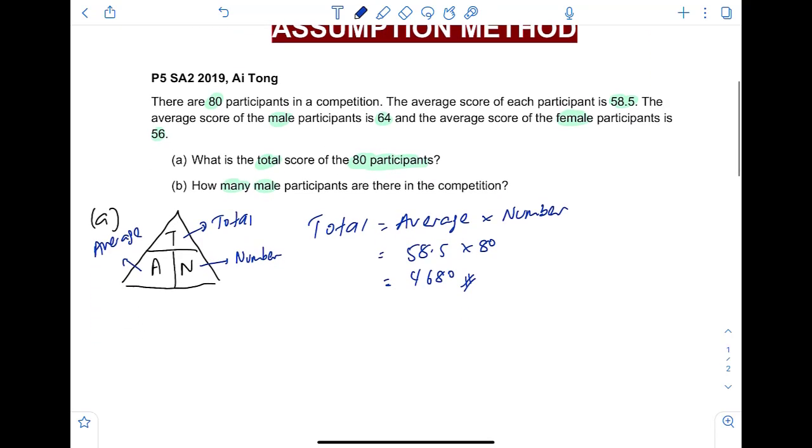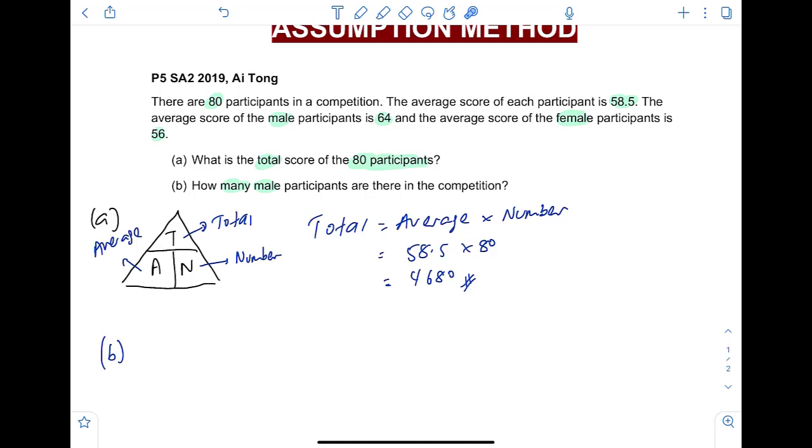Now for Part B, how many male participants are there? Since we do not know the exact breakdown for the males and the females, we'll need to use the totals and employ the assumption method.